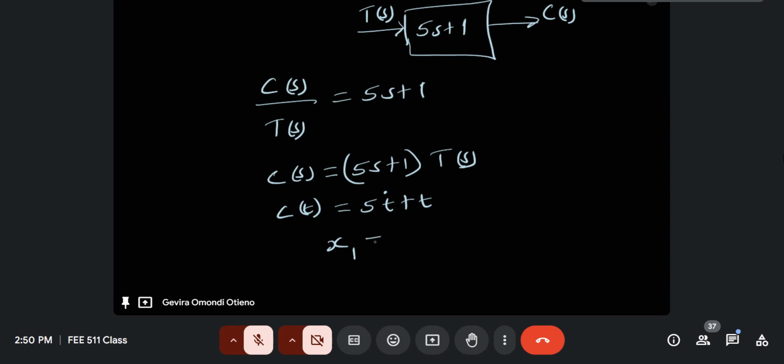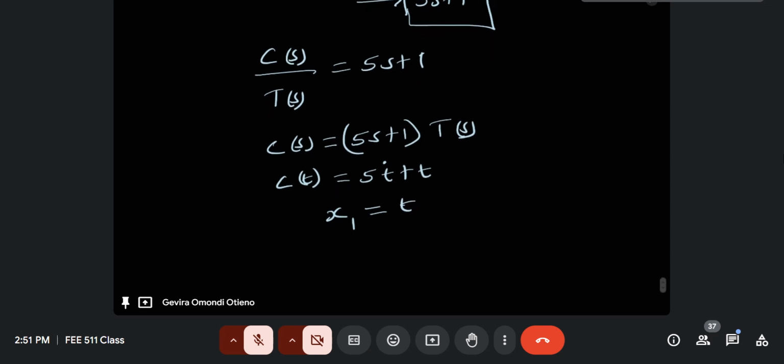That state variable, we say x1 just like we said previously, but now we don't have two state variables, we just have one. If the numerator polynomial was second order, then we would have two. But in our case, we only have first order, so it's just x1 equals t.